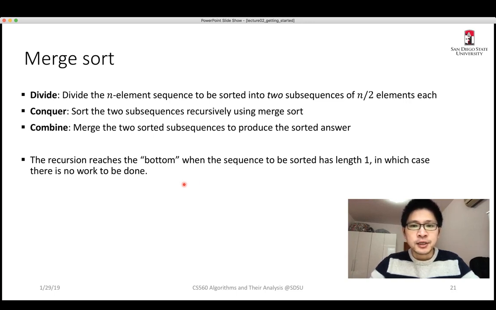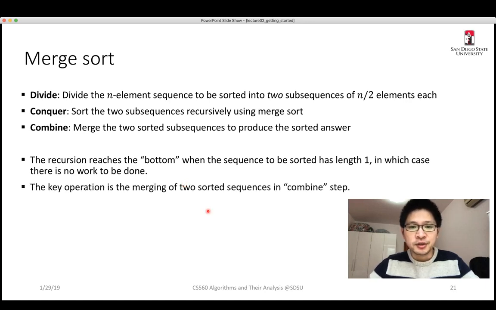Of course, the key operation involved here is the merging of 2 sorted sequences in this third combine step. So how do we merge 2 already sorted sequences into one sorted sequence? That is the key operation that we're going to introduce first.